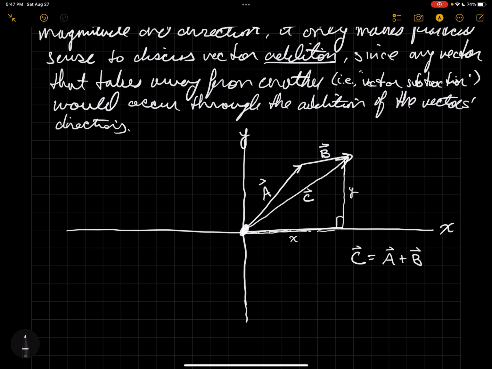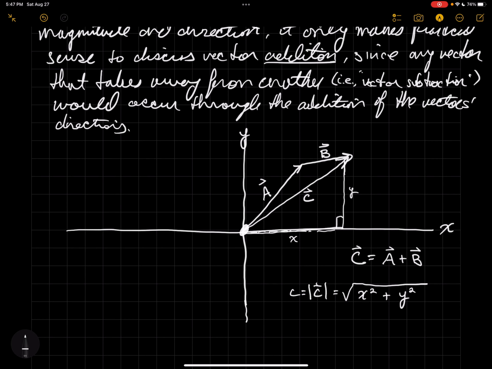And so we could determine the magnitude of C simply using Pythagorean's theorem: the displacement in the x direction squared plus the displacement in the y direction squared, and the square root taken of that sum.